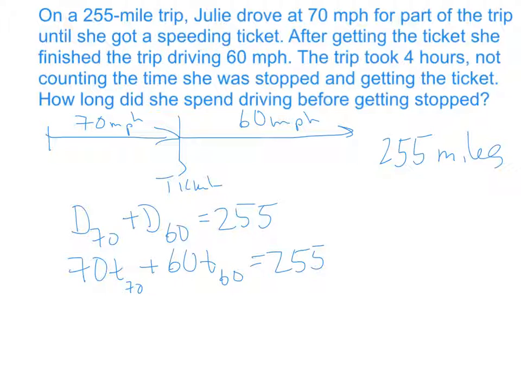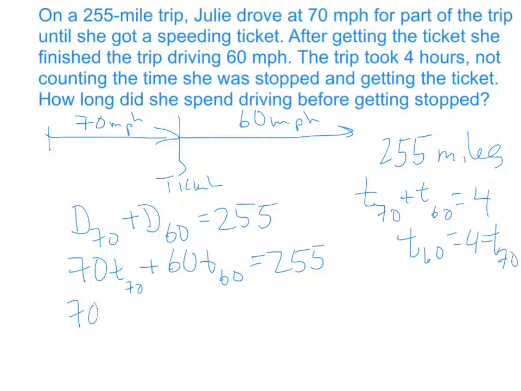Now what we need is a connecting equation, and the connecting equation, of course, is that the time spent total is 4 hours, so t sub 70 plus t sub 60 equals 4, which means we can replace either one of those with 4 minus the other one. So let's replace t sub 60 with 4 minus t sub 70.